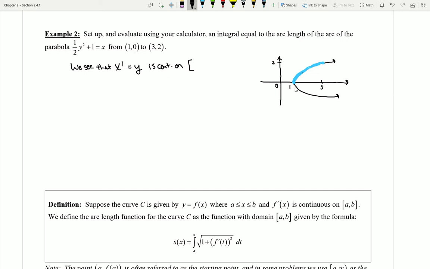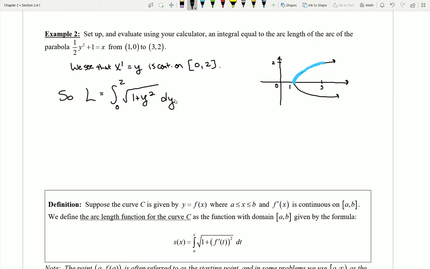You've got to be careful, it's not 1 to 3, because if I'm working in terms of y, I would have to go from 0 to 2. But I'm still continuous there, and so my arc length would be equal to an integral from 0 to 2 of the square root of 1 plus y squared dy.